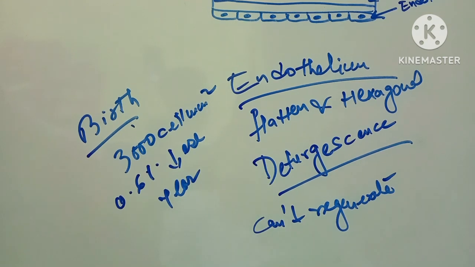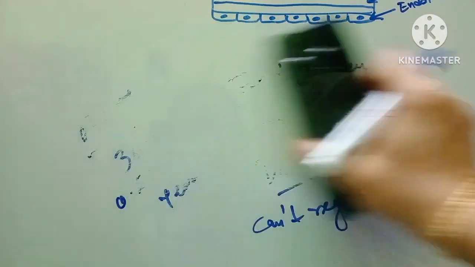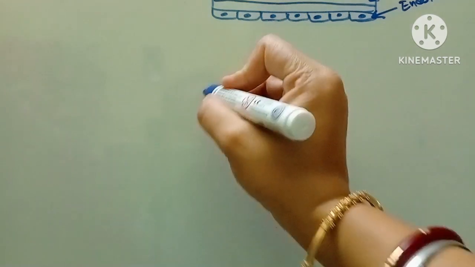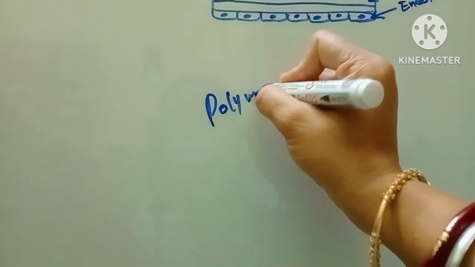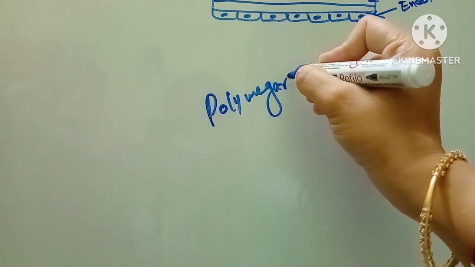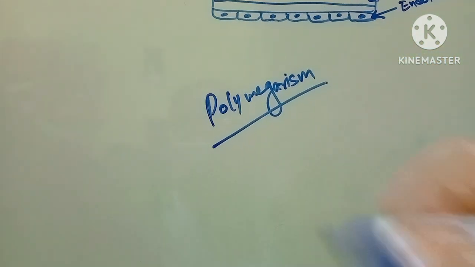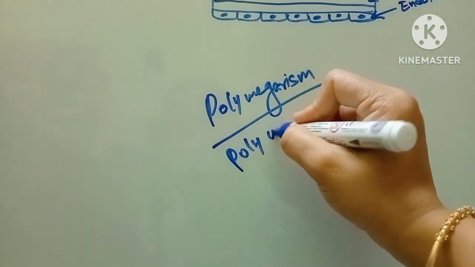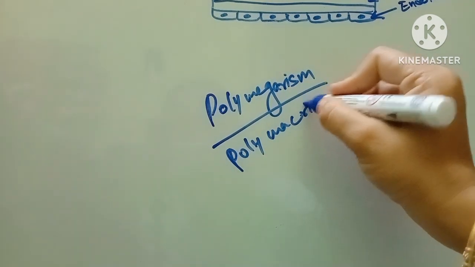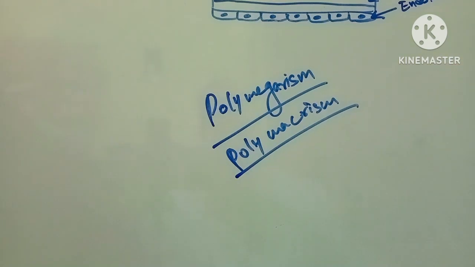Another thing in the endothelium is two words, polymegathism and pleomorphism.